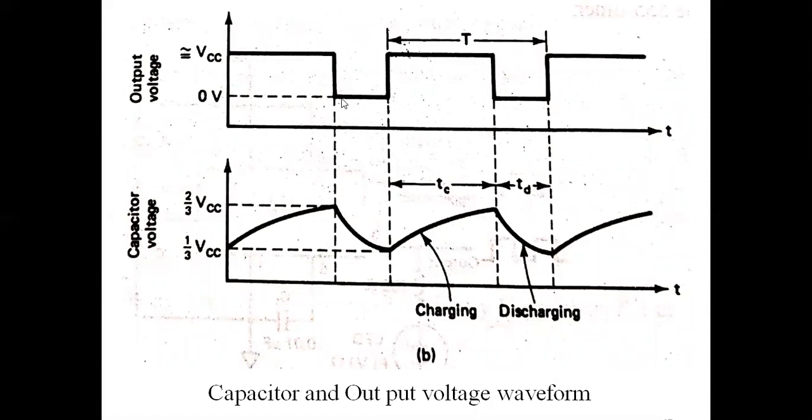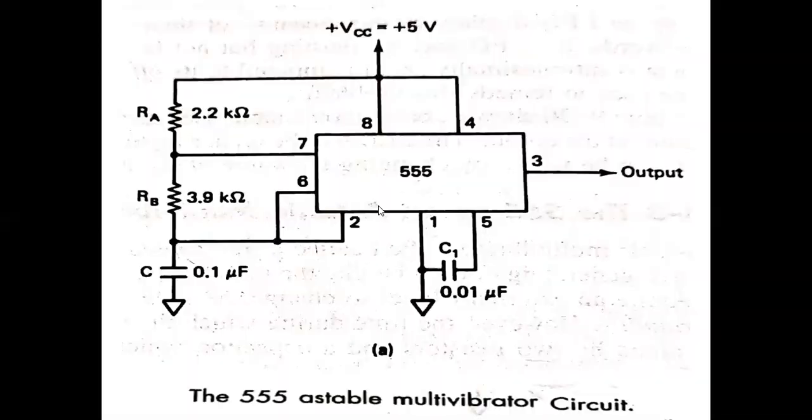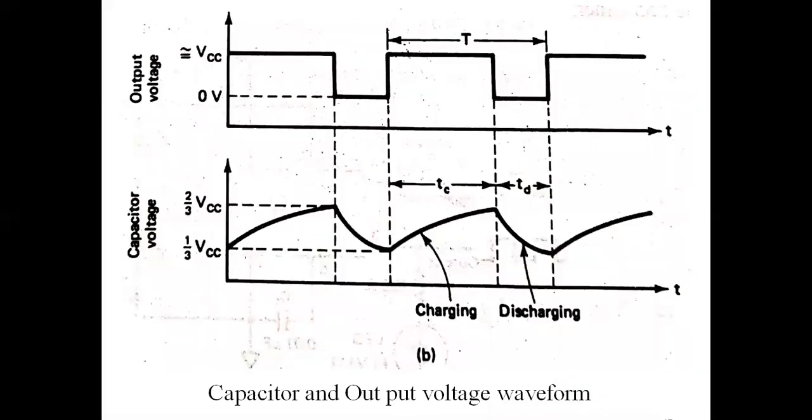And as I said, now the capacitor C starts discharging through RB and the transistor Q1.